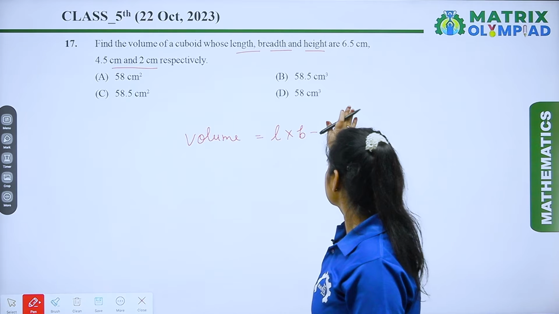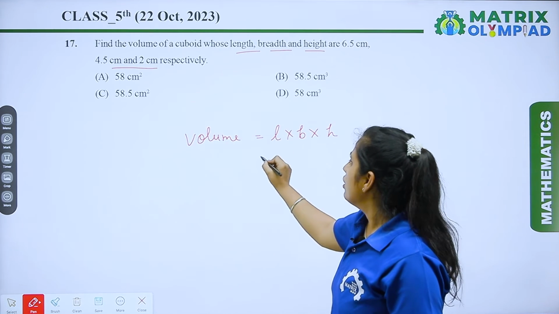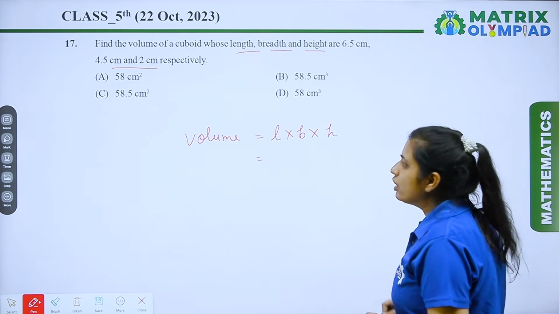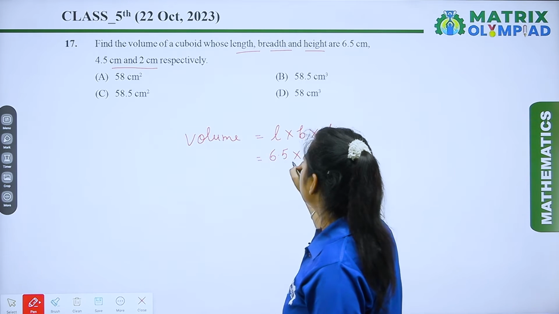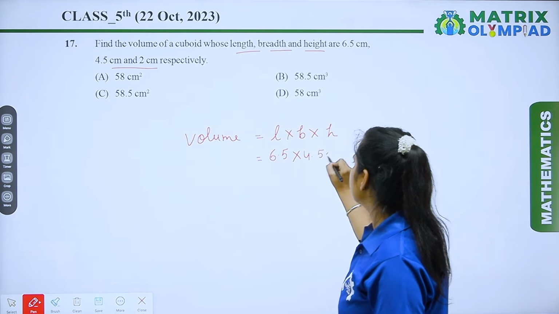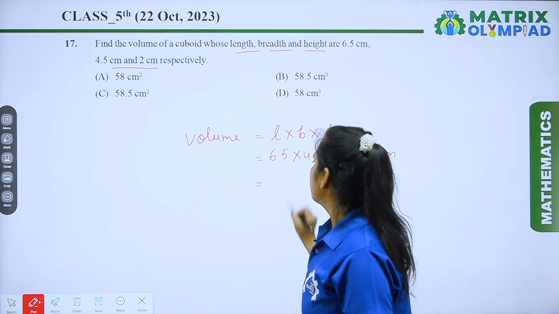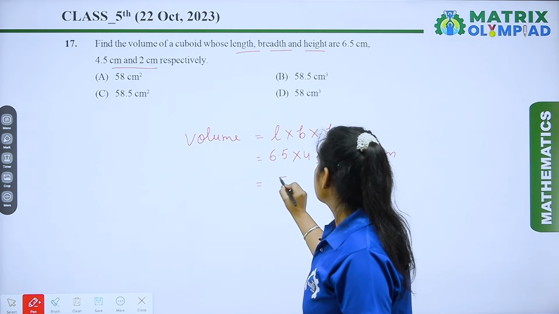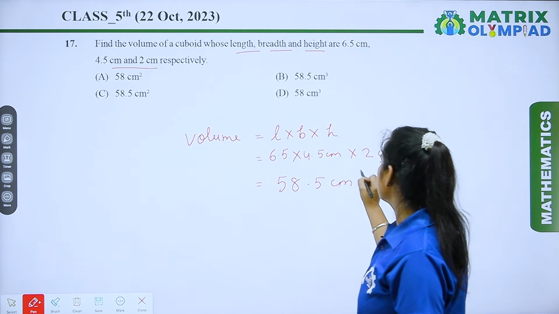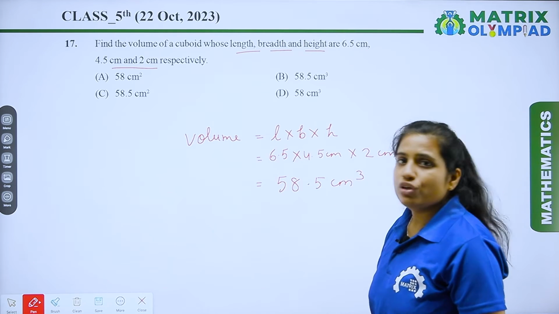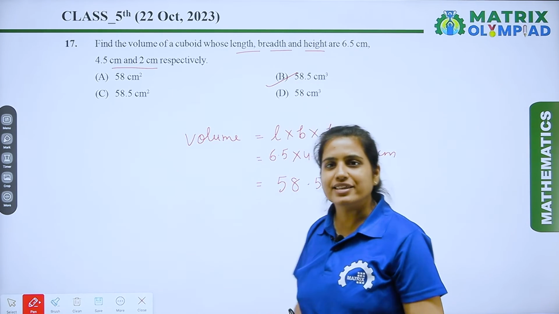So here we are going to simply put the values: 6.5 centimeter multiplied by 4.5 centimeter multiplied by 2 centimeter. So here the volume of the cuboid is 58.5 centimeter cube. Therefore, we can say that option B is the correct answer.